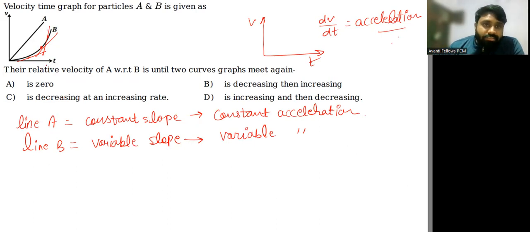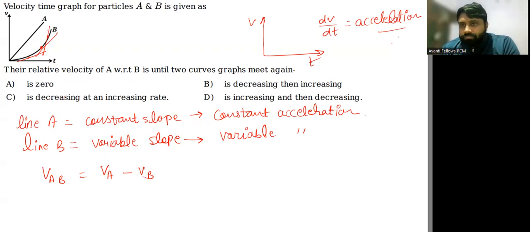Now, what has been asked in the question? The velocity of A with respect to B, which is given by VA minus VB. VA has a constant slope of increment, which means VA follows the equation of uniform motion, VA equals UA plus aA into t.